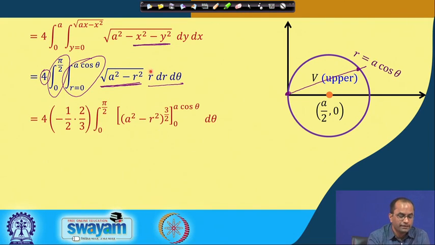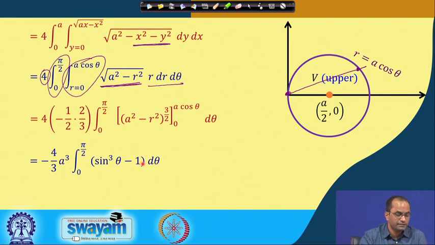So, this is a simple well known function which we can integrate, because r is already given there, and then we can put in the lower and the upper limits. So, in this case we will get sin cube theta minus 1 d theta with the factor of minus 4 by 3 a cube. But we know this identity here that sin 3 theta is 3 sin theta minus 4 sin cube theta.